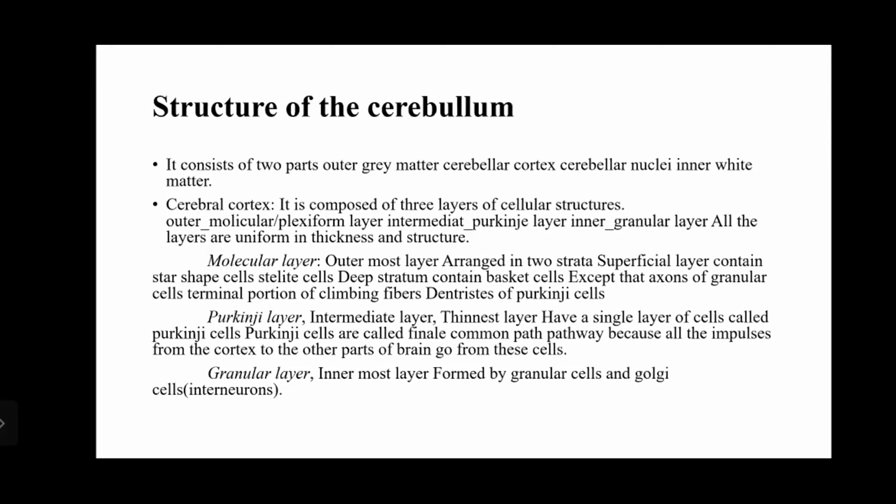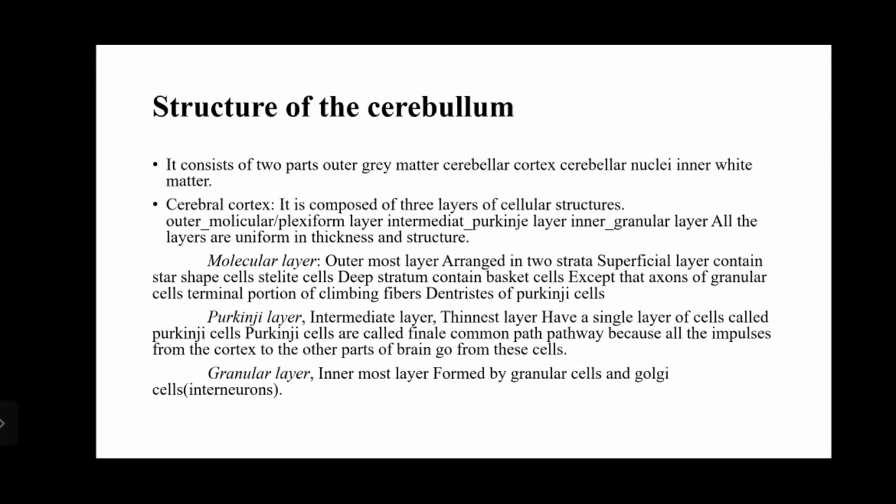So in this part, you can see that the cerebellar cortex contains three layers: the molecular layer, the Purkinje layer, and the granular layer. The first one is the outermost layer. The second one is the intermediate layer, which has a single layer of cells called the Purkinje cells.